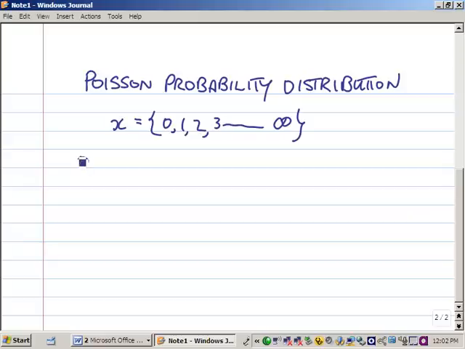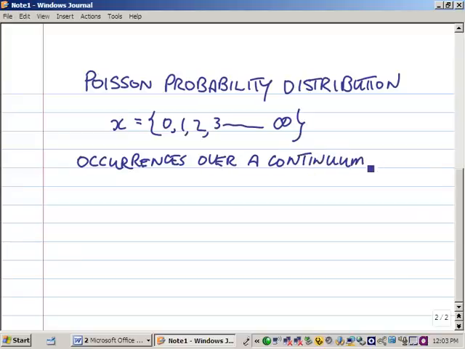Basically, we're talking about x being occurrences of some event over a continuum, something that's continuous. The best example we have of a continuum is time.